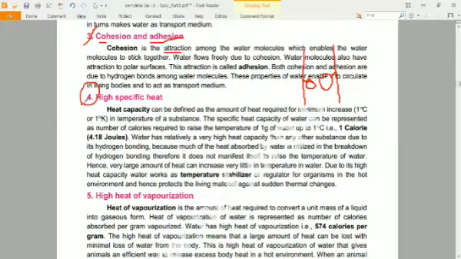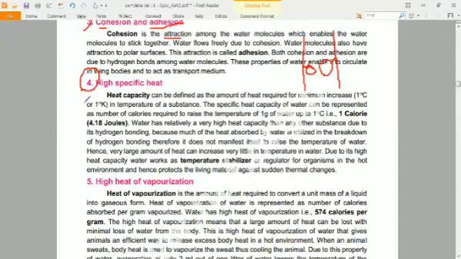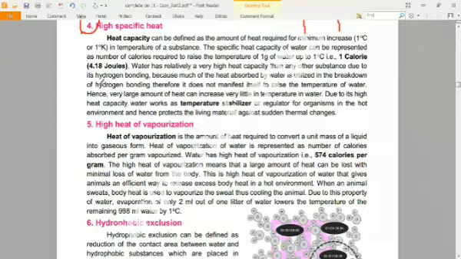The next property of water is high specific heat. If we talk about high specific heat, actually it is the amount of energy. Which type of energy? That is heat energy.